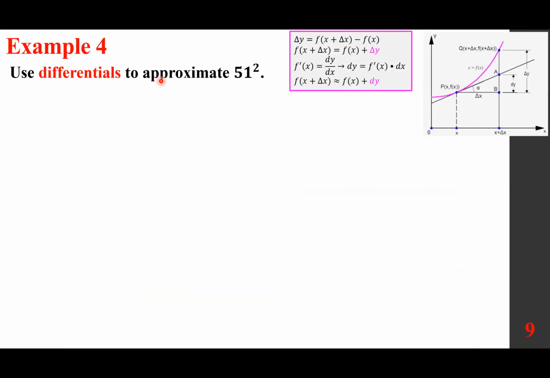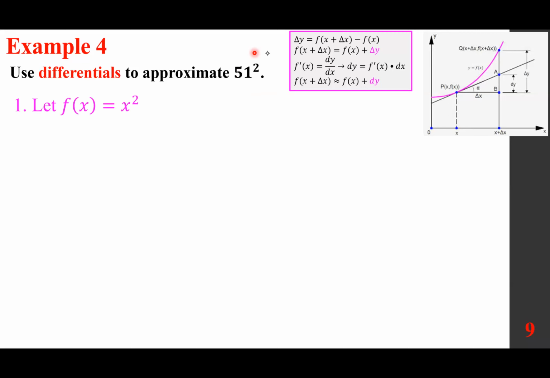Use differentials to approximate 51 squared. Well, when you want to do that, first you have to see what type of a function it can be representing. You are squaring 51. That is the action you're taking. So you let f of x be x squared.